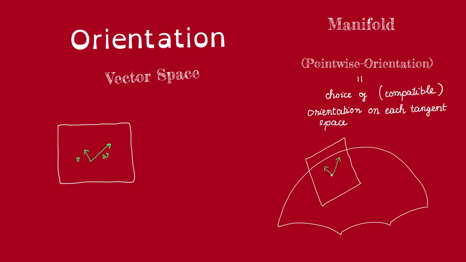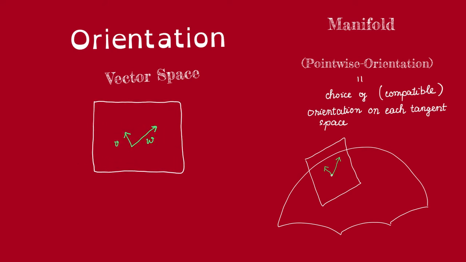Alright, so let's figure out a good definition for orientation on a vector space. Let's look at the plane, the vector space R2. Now on R2, we usually talk about two types of orientation. We have the counterclockwise orientation and the clockwise orientation. This suggests one way of thinking about orientation. Maybe we can think of orientation as an ordered basis. For example, let's say V and W form a basis of R2, as drawn in this picture.